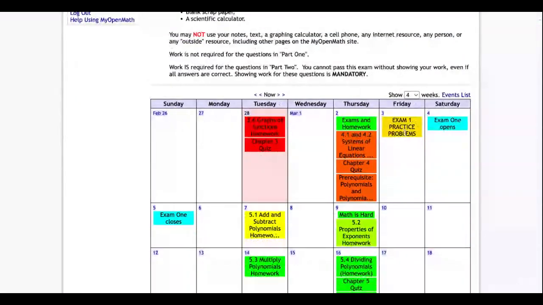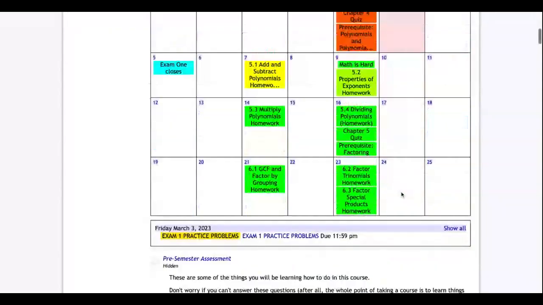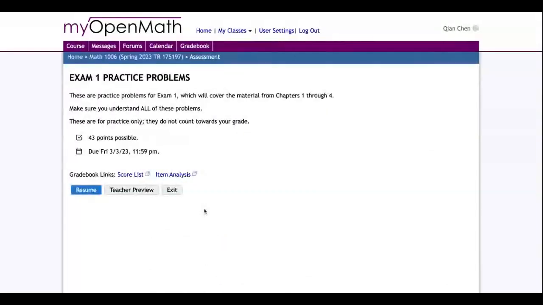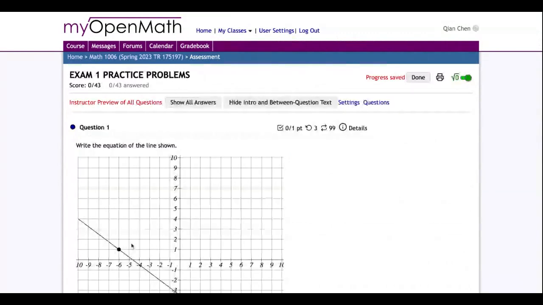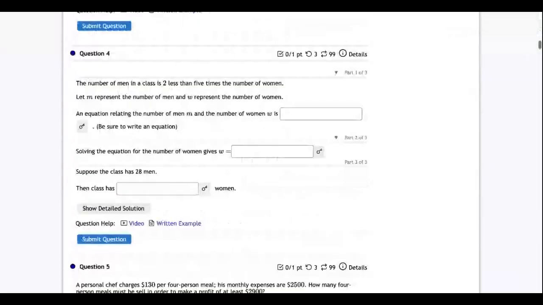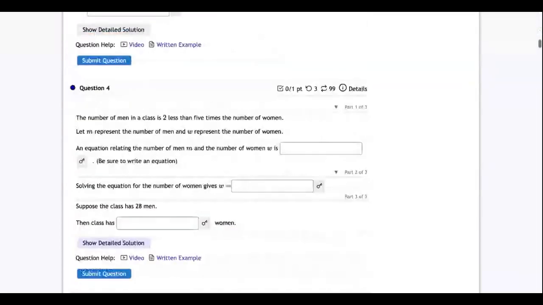Make sure you do it. Where do you find it? You click on the calendar. It becomes pink. Then it pops up under the calendar. You click into it and try to do it. There are 43 questions. Make sure you do this before you take exam 1 on the weekend.